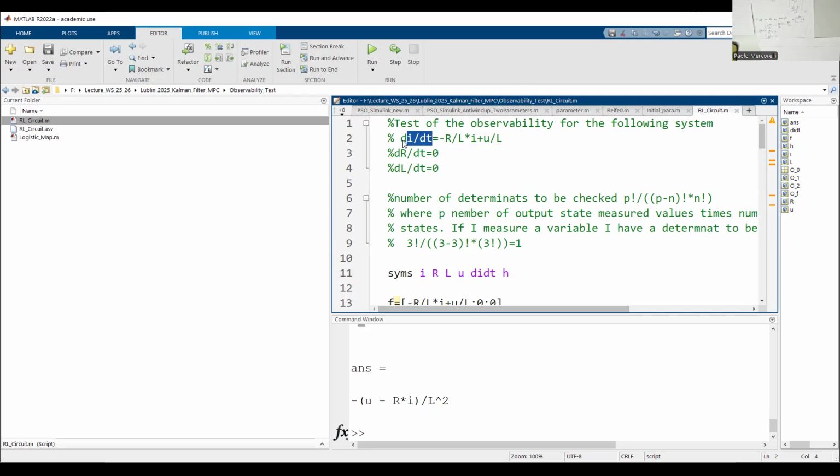The Kalman filter cannot see L because it's annihilated by this zero. L should not be zero in all cases because I lose the dynamical system. In this form here, I cannot divide by zero. You can also interpret it in this form here.